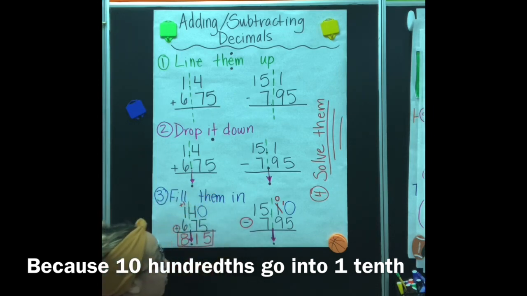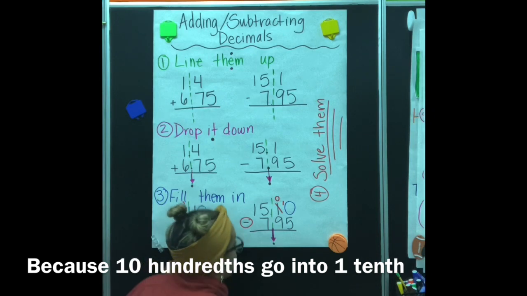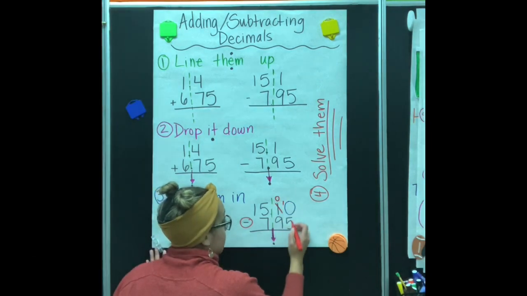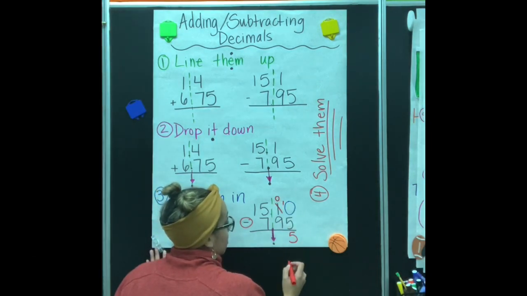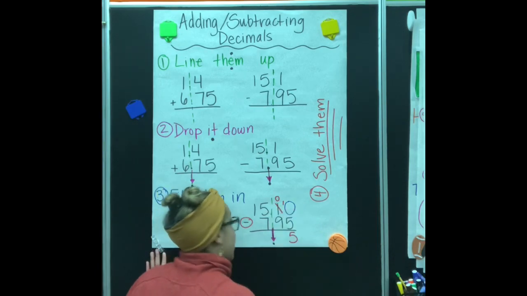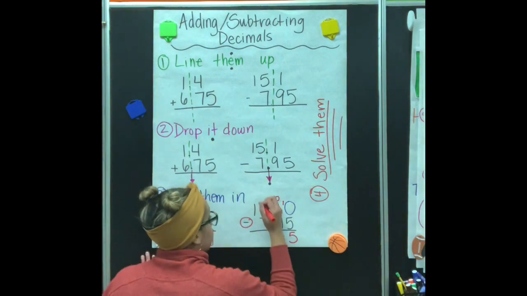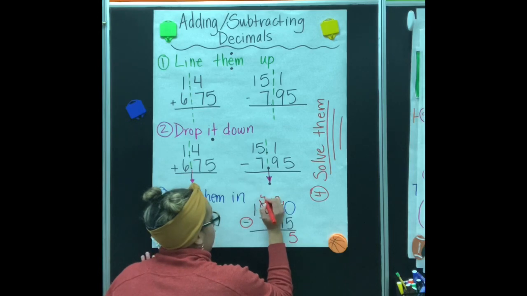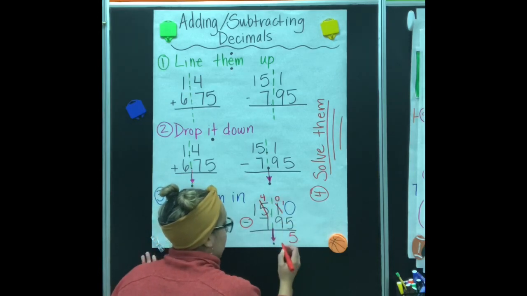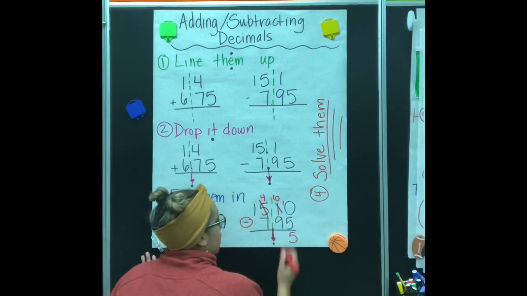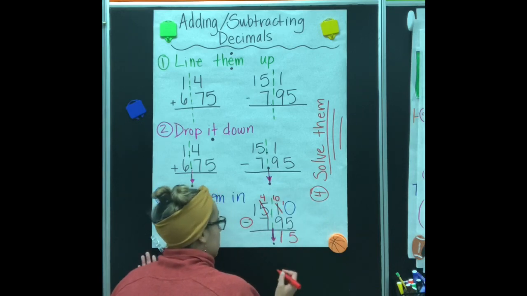And now I have 10 hundredths. I go 10 minus 5 is 5. 0 minus 9, I can't do it. Have to regroup and borrow. 0 minus 9, oh yeah, I have to put my 1 there. 10 minus 9 is 1.